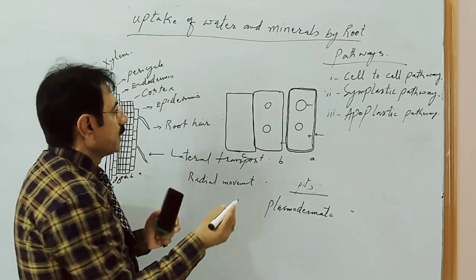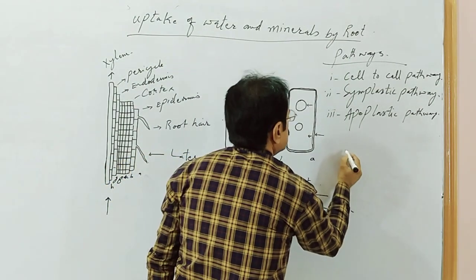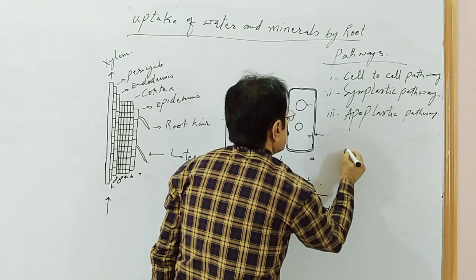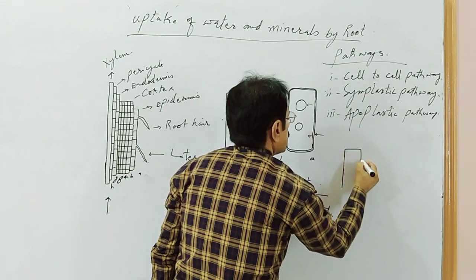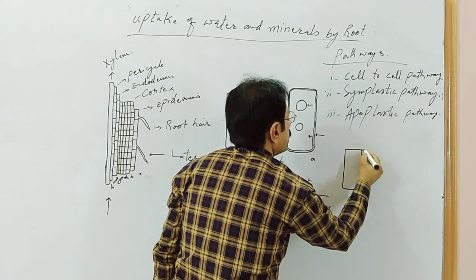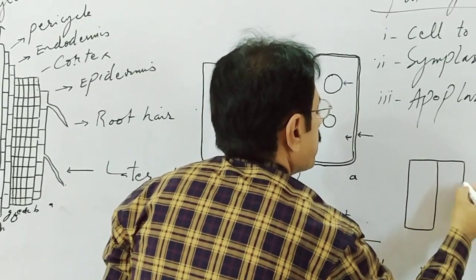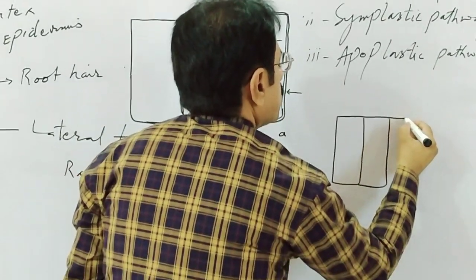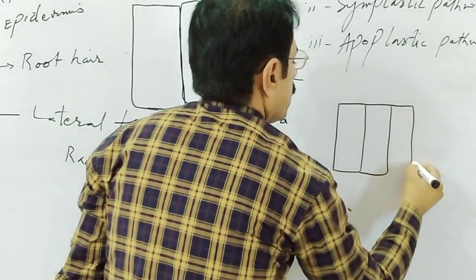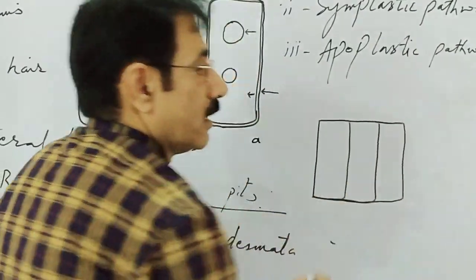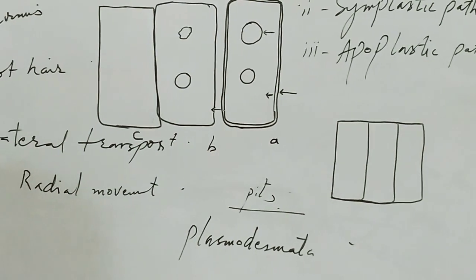The cell walls of the cortical cells are in close contact with one another, leaving no space. They are connected to one another, forming a continuous column.